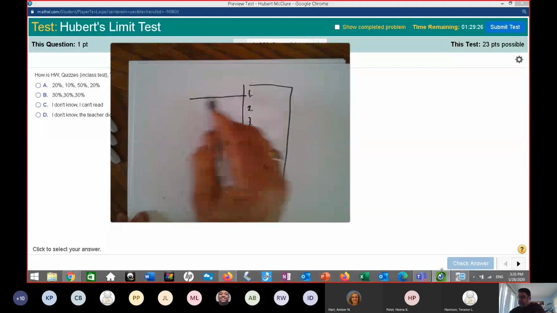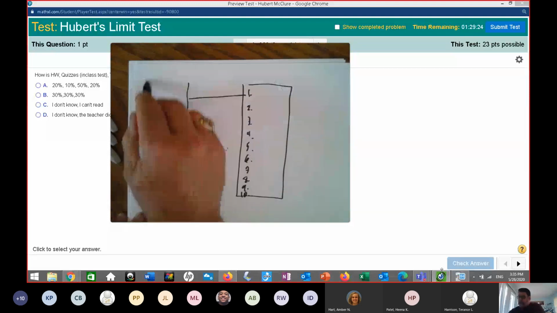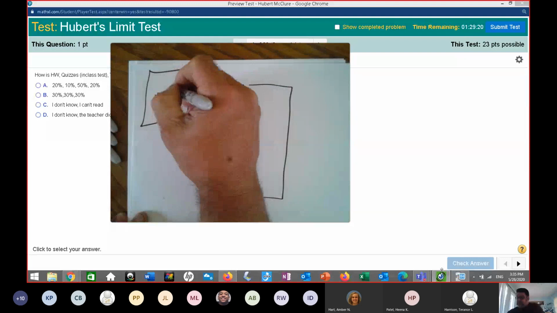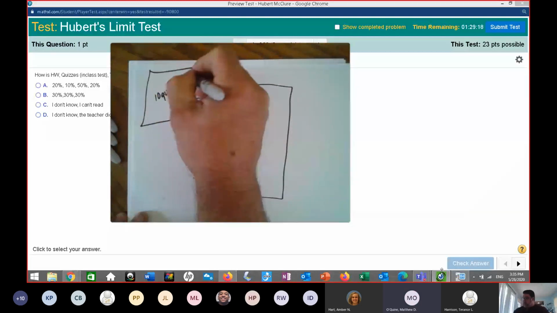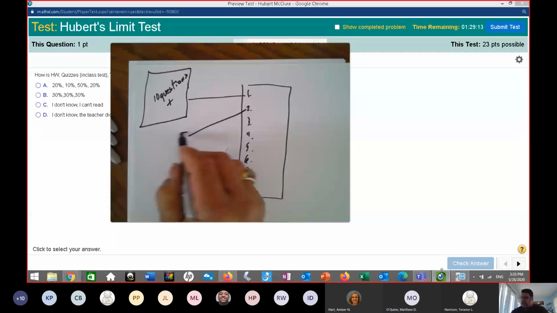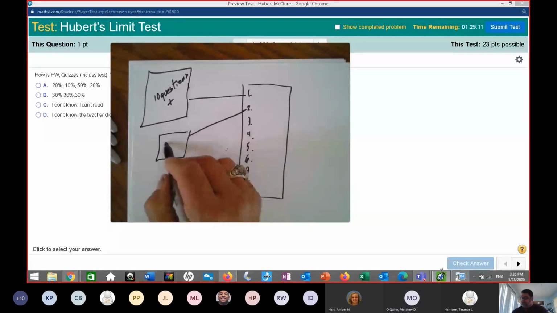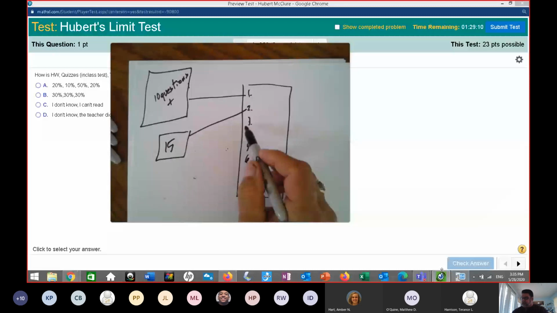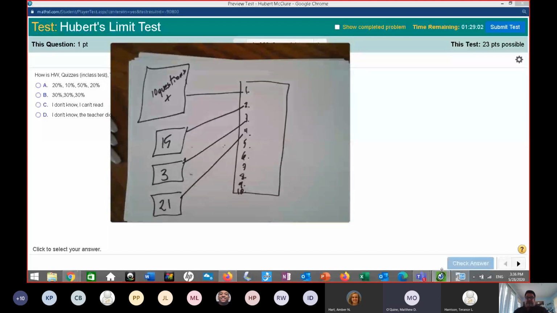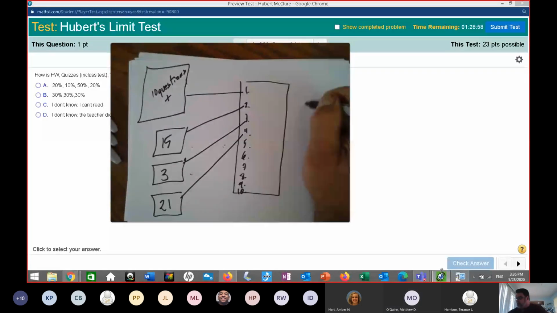Each one of these questions could pull from 10 questions plus. I could be pulling from 15 questions for number 2, just 3 questions for number 3, 21 questions for number 4. Everybody got it?